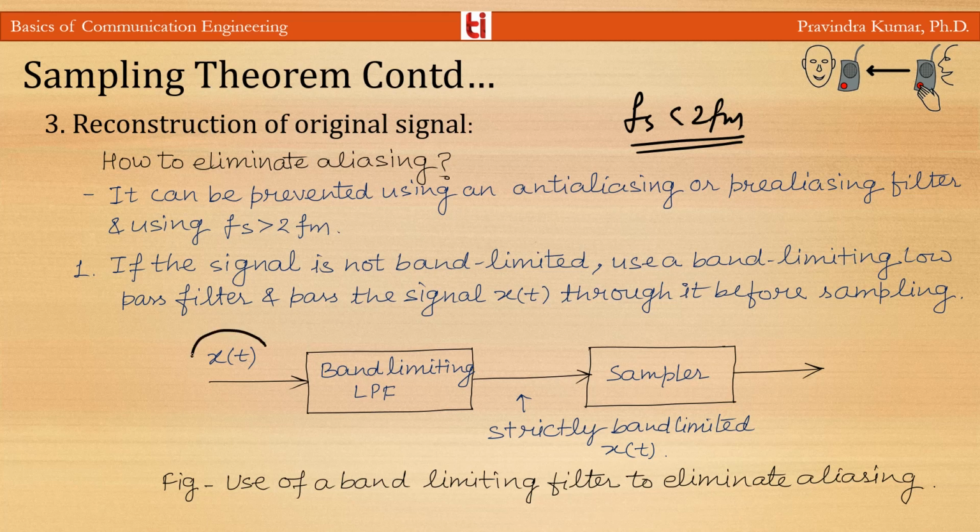So we have a signal which is not band limited, then it passes through the band limiting low pass filter. Now your signal is strictly band limited, and we can do the sampling and eliminate the aliasing. This filter has a cutoff frequency fc equal to fm. It strictly band limits the signal x(t) before sampling takes place, and this filter is also called an anti-aliasing filter or pre-aliasing filter.